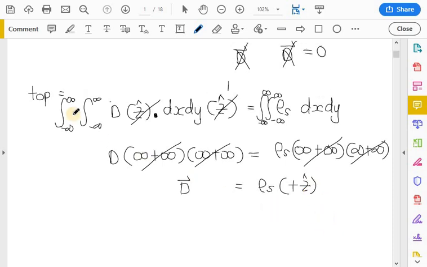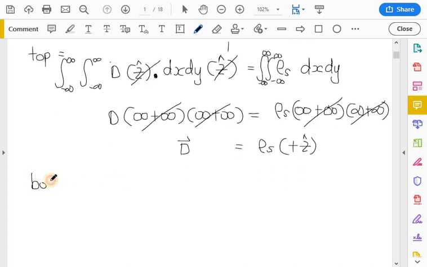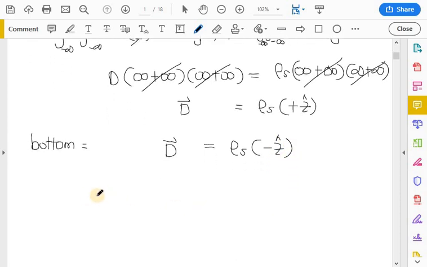So this is for the top surface, right? Any idea for the bottom surface? Same, right? So I no longer need to perform this operation. For the bottom surface, you will get the same thing, rho s, but in the negative z direction. So the total flux will be the summation of the flux coming out from the top and the flux coming out from the bottom.